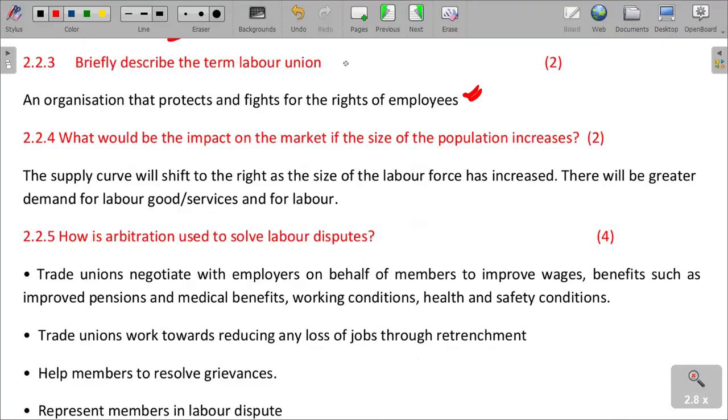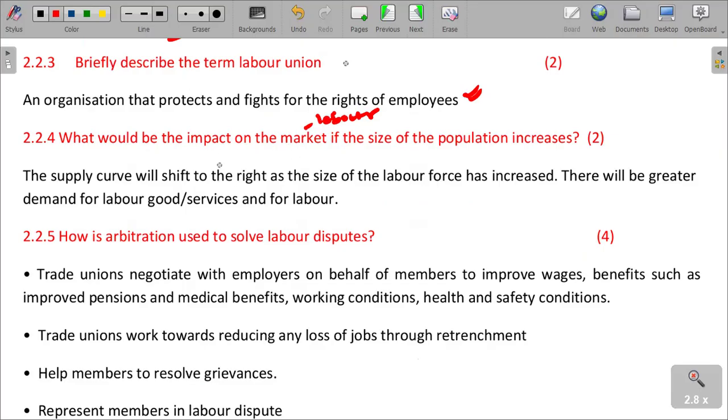And then what would be the impact on the market if the size of the population increases? We are talking about the supply of labor. If the supply of labor increases, what is the impact on the market if the population increases?